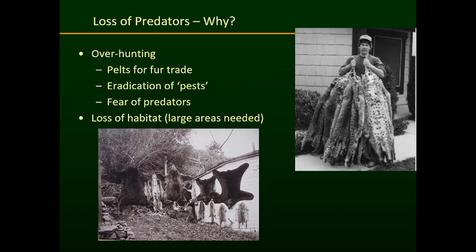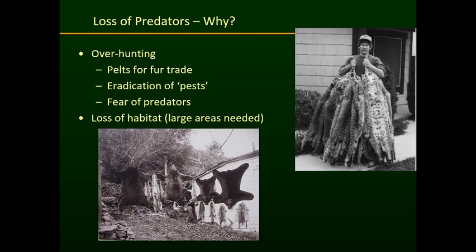Or sometimes states would offer bounties on the skins of predators. They basically said, you bring in the skin of a bear or a bobcat, and we'll pay you like 10 cents or whatever the going rate was at the time. And so by these ways, we eradicated these predators from the landscape.